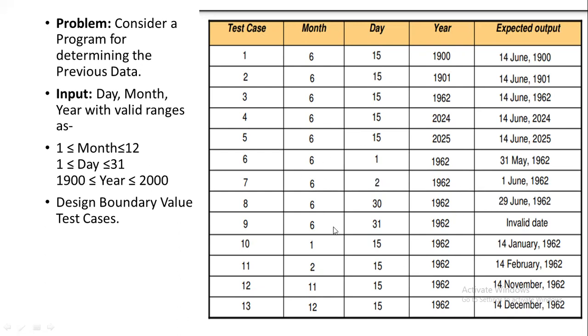These are all sample test cases. You can check whether your program is working fine. If the input is valid, then it will print the previous date. If it is invalid, then it will print the output as invalid date. So this is black box testing. This is how you design the test cases using black box testing.